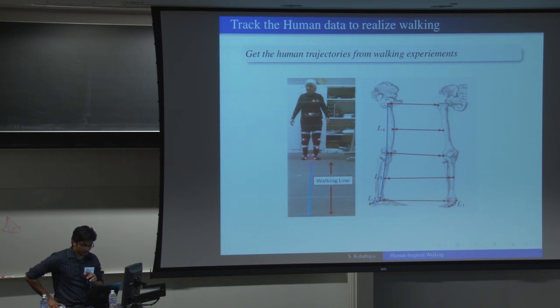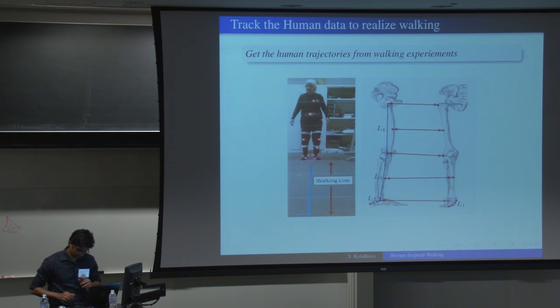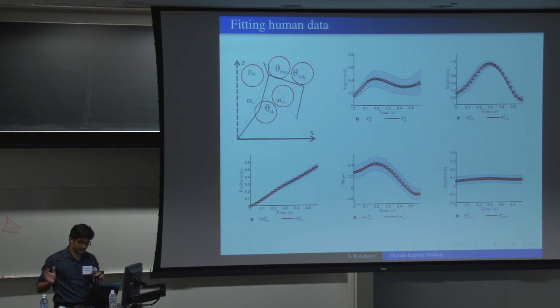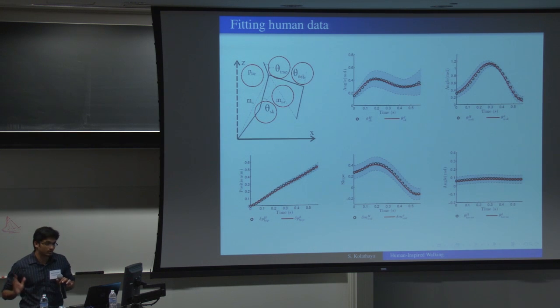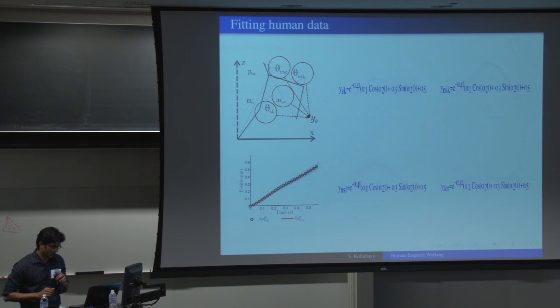Following a similar procedure, we get the human walking data. We get the joint angle trajectories, or even linear combinations of joint angle trajectories, could be anything. We fit functions to these trajectories, and track these functions in the robots.